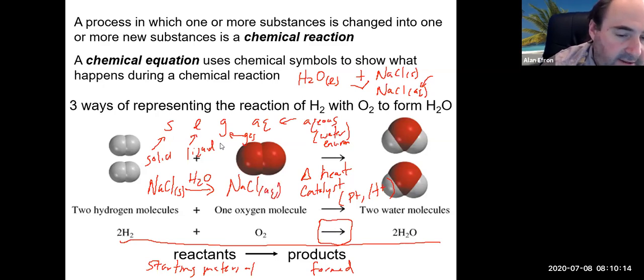And again, what this is implying is that we took some solid sodium chloride and dissolved it in water, and obviously we got a sodium chloride solution. So sometimes you'll see a lot of those things written on top of the arrow, and again, that indicates some information about what's going on in that particular reaction.